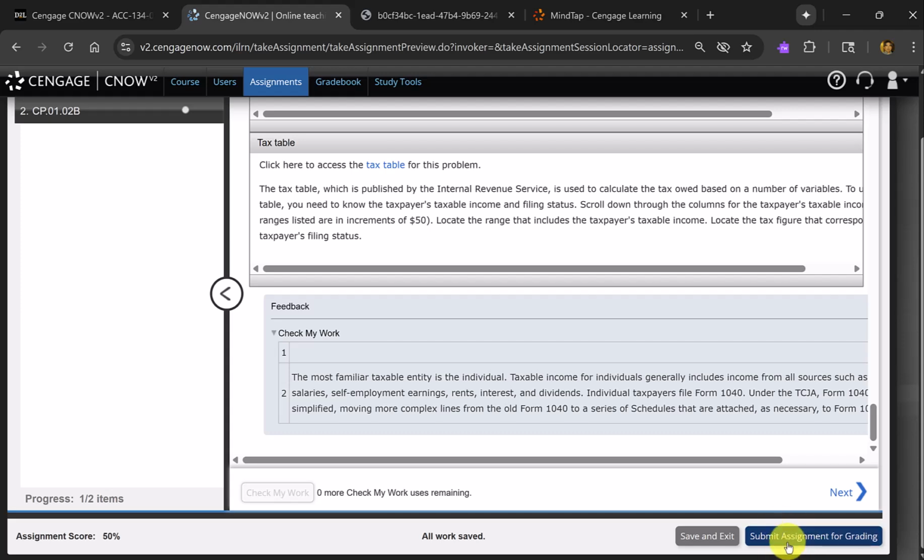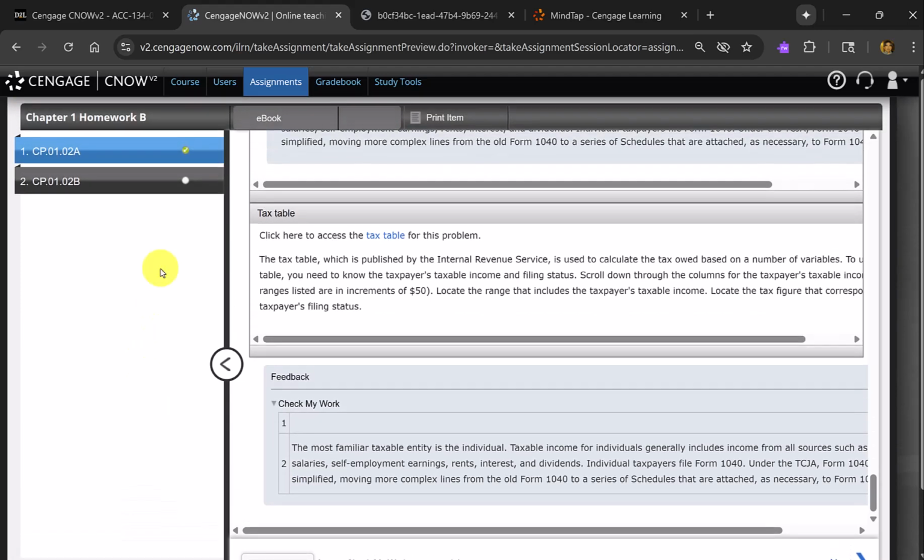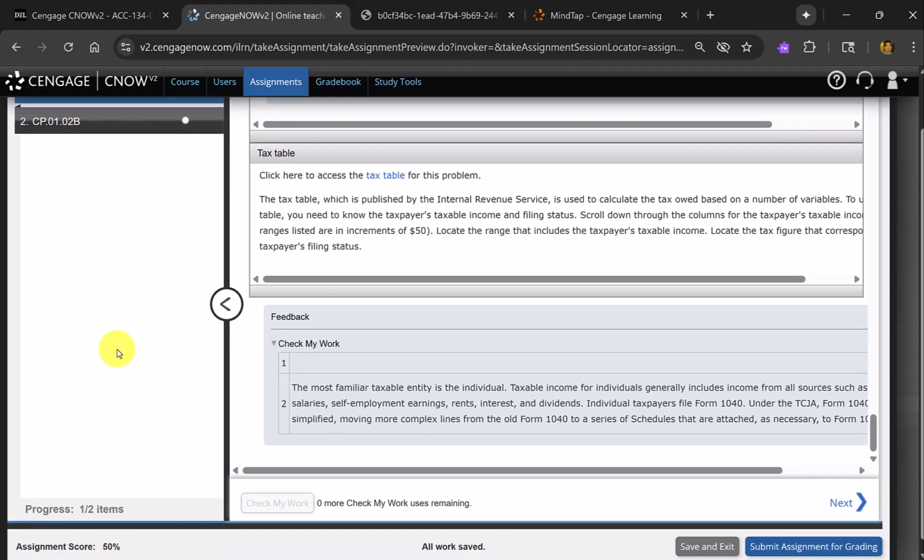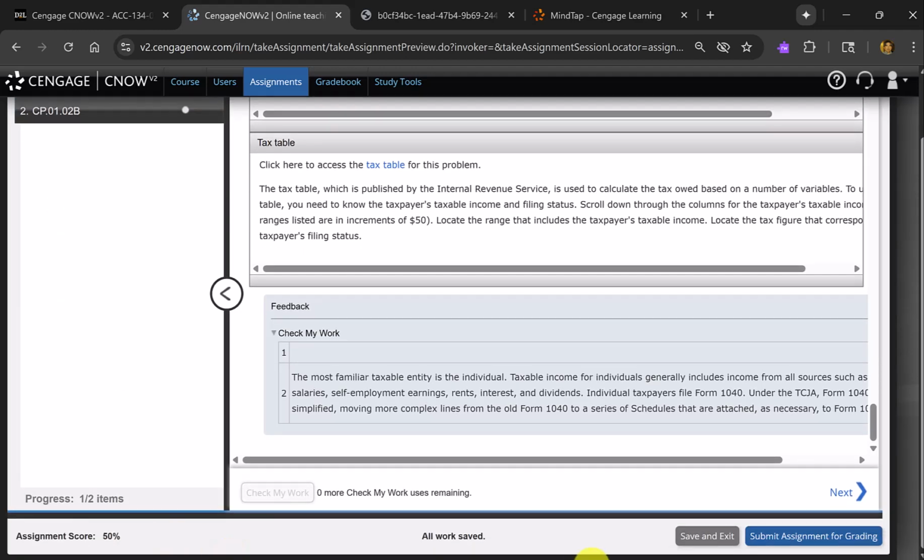Yeah, do not submit it until you finish the whole 2 problems for this homework assignment. And you'll see your score. You may see what's wrong, not necessarily what's the correct answer, but you'll reset on your second submission, on your second attempt, your 3 check my work.